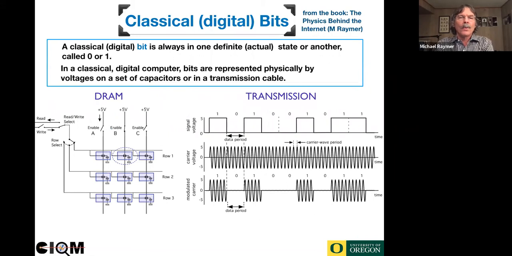Let's first talk about what bits are in the classical computing context. So in classical or digital computing, a bit is any physical object that can be in just one of two possible states. And those are classical states. And so in the lower left side, I showed dynamic RAM, random access memory, which is in your computer, in your phone and everywhere.